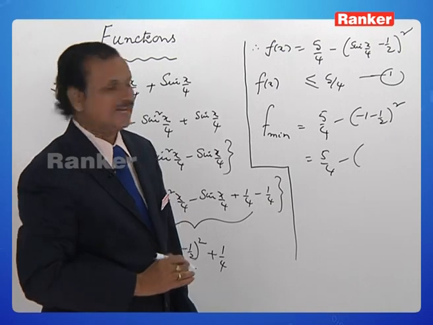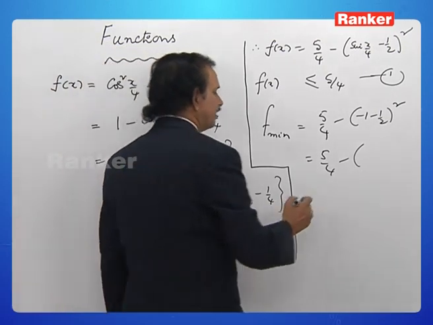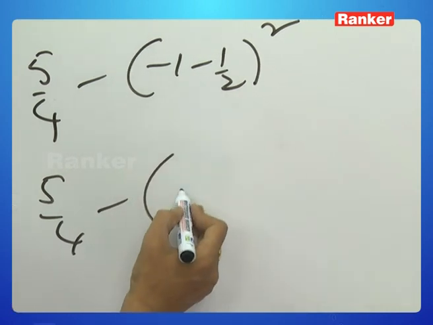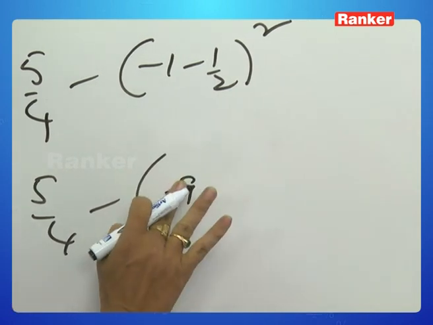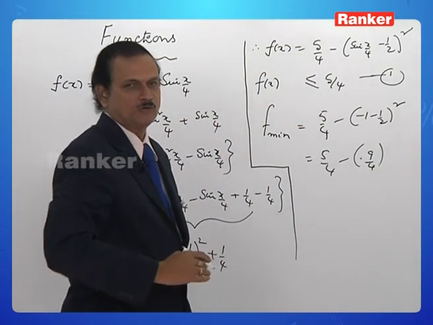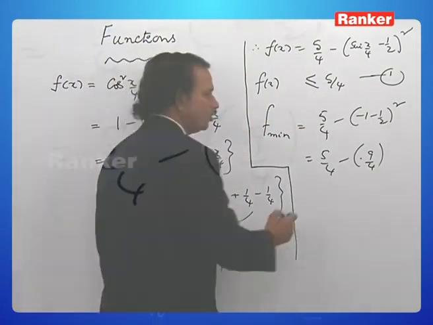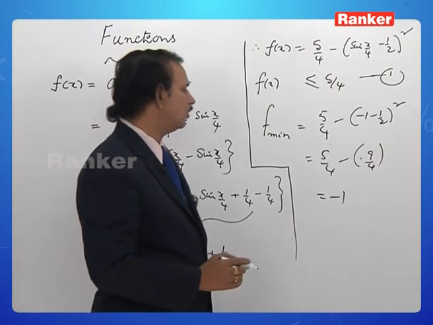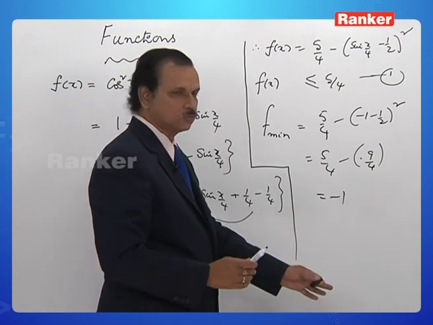Minus 3 by 2. Minus 3 by 2 whole square means 9 by 4. 5 by 4 minus 9 by 4. What is that? Minus 4 by 4, that is minus 1. So, minimum value of f is minus 1.